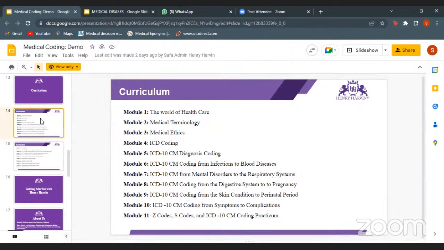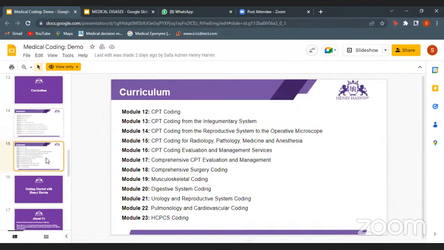And then we give them an understanding of various systems, like anatomy and physiology, where we teach a little bit about every system: digestive, integumentary, reproductive, respiratory, cardiac, all the systems. So we give them fair knowledge of that.